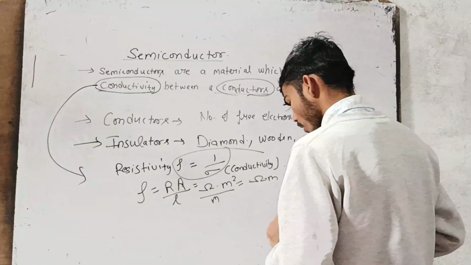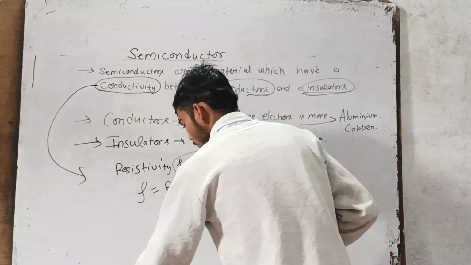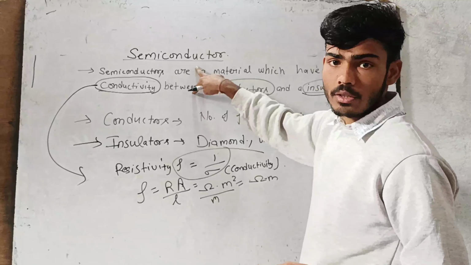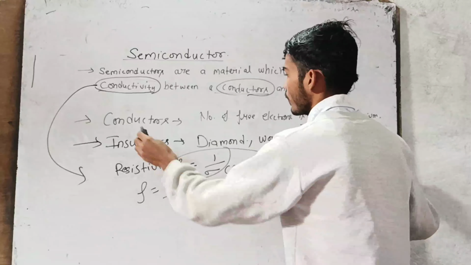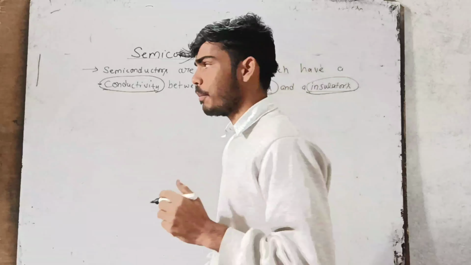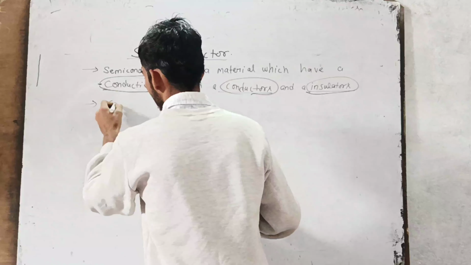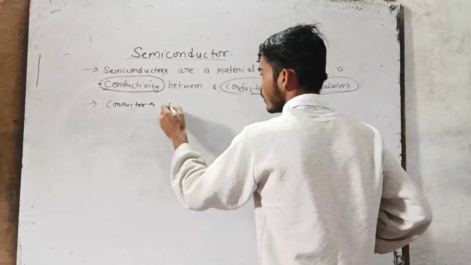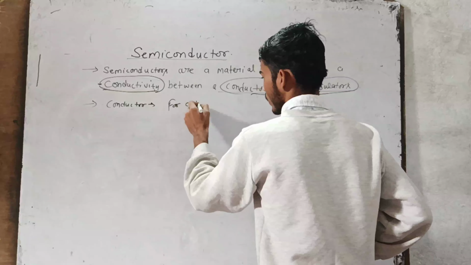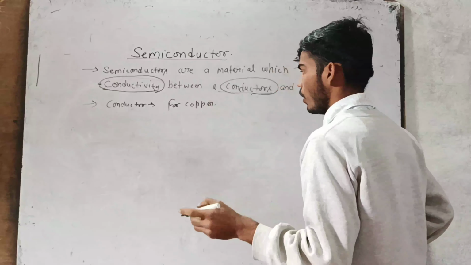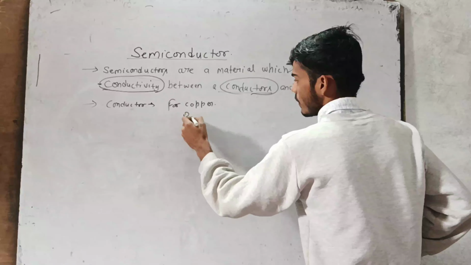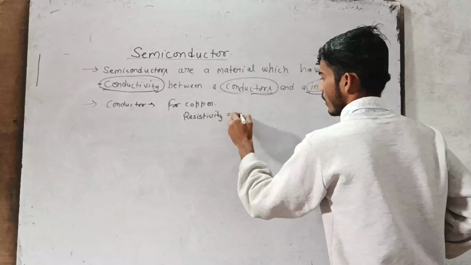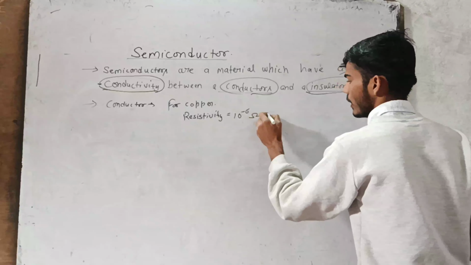Okay, now I am giving you a good example so you can clearly understand this definition, which is our priority. For a conductor, here for copper, our resistivity is 10 to the power minus 6 ohm centimeter.